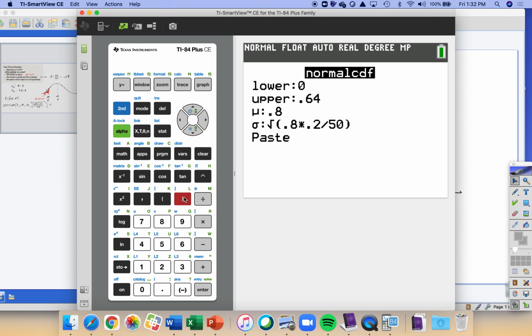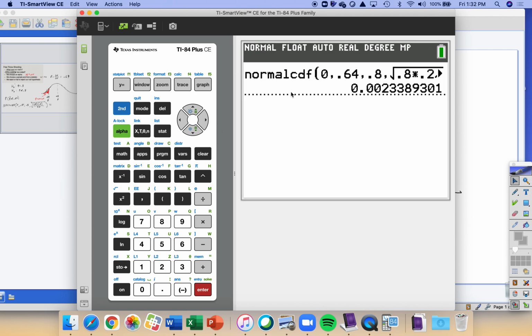Now you might be asking, why am I using 0.8 here instead of 0.64? Because we're always assuming that the parameter p is true. We assume it's true until we can prove that it's not true. So my standard deviation, my sampling distribution, is based off assuming that the parameter is true. That's why I'm using 0.8.